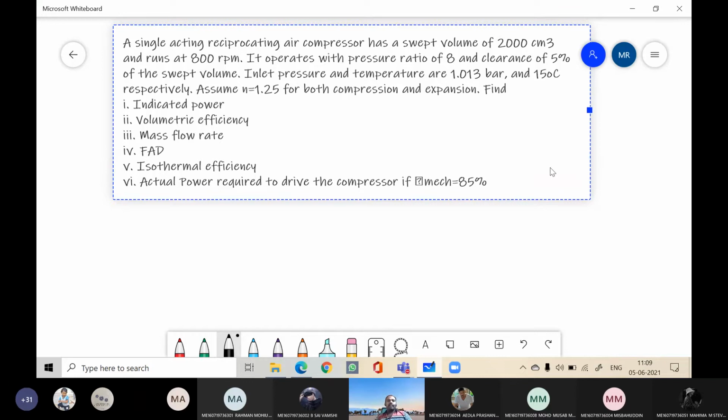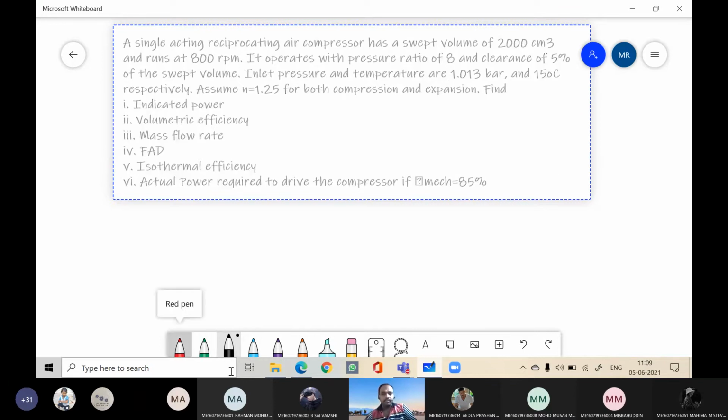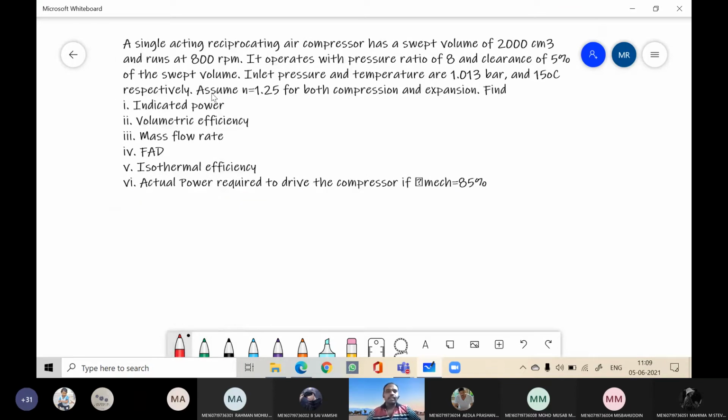A single acting reciprocating air compressor. Single acting means number of working strokes equals N. It has swept volume given as 2000 centimeter cube and runs at 800 rpm.